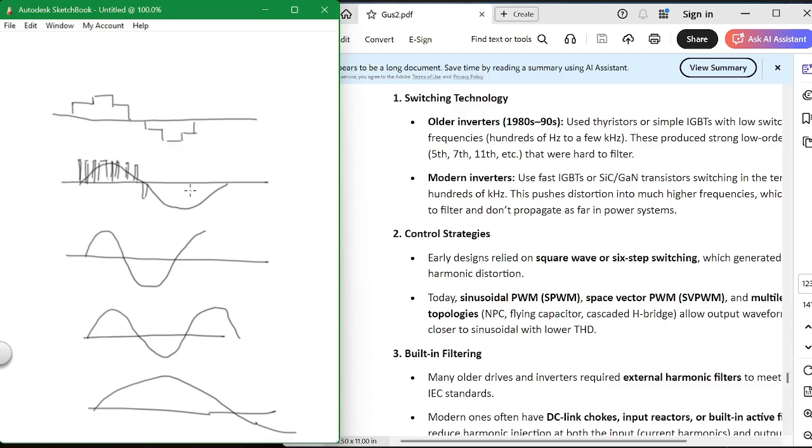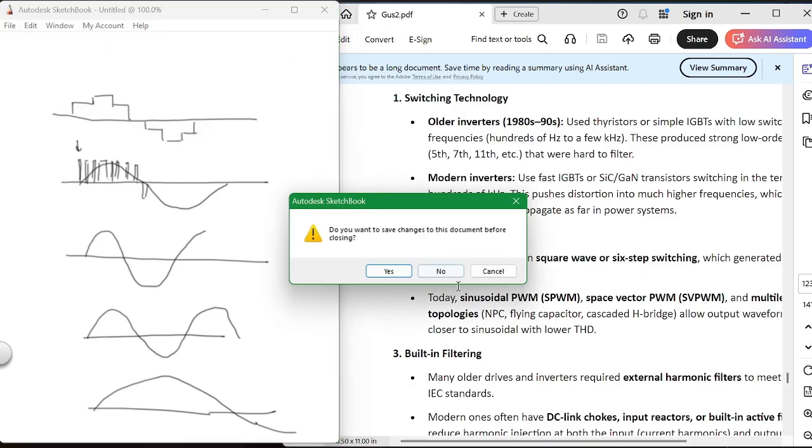Now, what is wrong with this is that these guys here spit out harmonics. Now, why do you have harmonics? Well, because anything other than a pure sine wave is going to give you harmonics, and these are not pure sine waves.